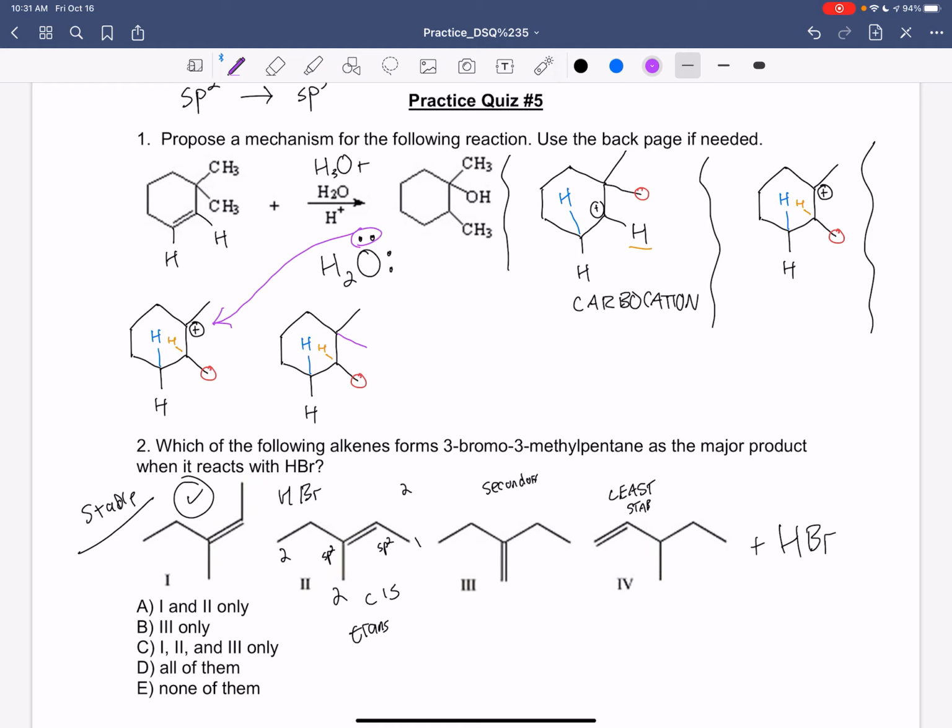So what do we have left? We have an oxygen and we have two hydrogens. Okay. Now, is there a charge here? Because we also brought over a lone pair. 6, 5, 4, 3, 2, 1.